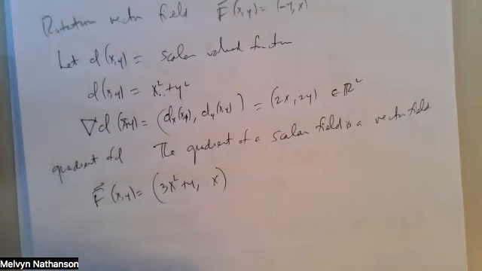This is a vector field. The vector x y gets sent to 3x squared plus y, x.